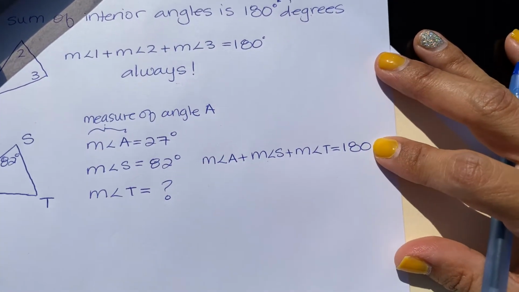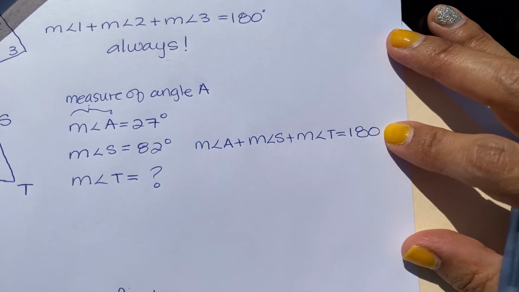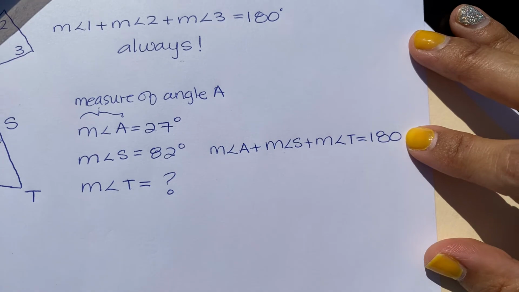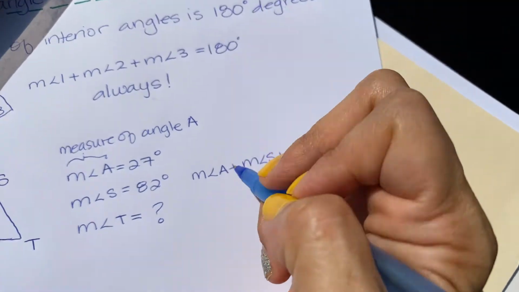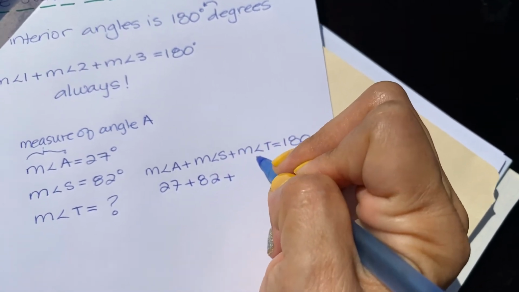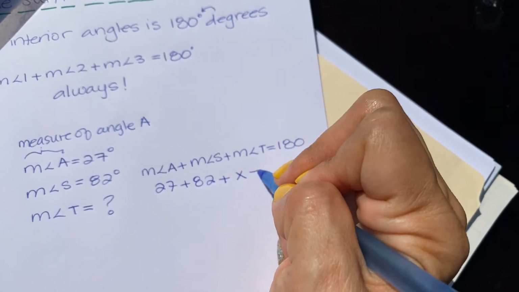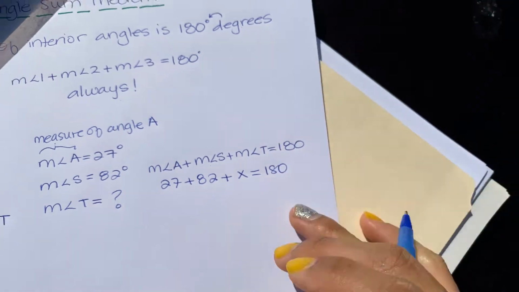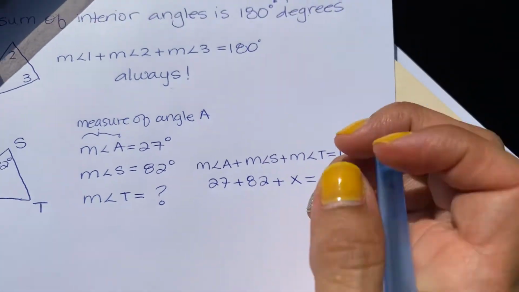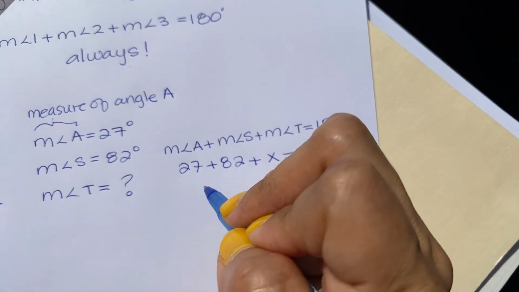Okay, so triangle sum theorem, there's the write-up. So now we're just gonna substitute. 27 degrees for A, 82 for S. So 27 plus 82 plus, and it's up to you if you want to leave measure angle T or if you want to call it X, totally your call. And if you just go straight to a calculator and you skip this, that's fine, okay?